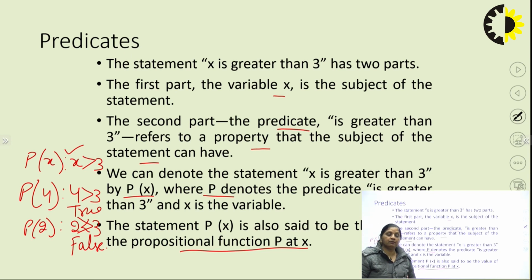Whatever is given to us can be represented like this. For example, on the last page we took that x is good. So I took good as the function name, and in brackets I have the x value, the subject for which we are checking whether it is good or not.